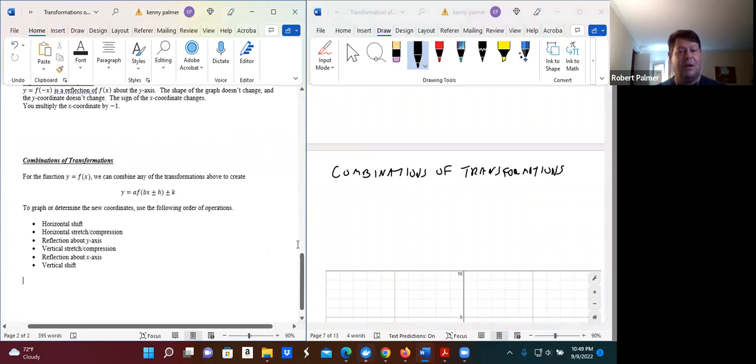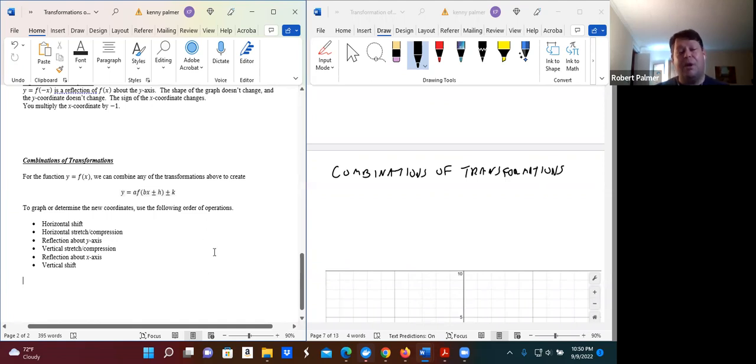For a function y equals f of x, we can combine any of the transformations above to create something that looks like this. Just remember what everything here does. The k is our vertical shift up or down. The h is our horizontal shift left or right. The b affects our horizontal compressing or stretching. And finally, the a out front affects our vertical compressing or stretching.